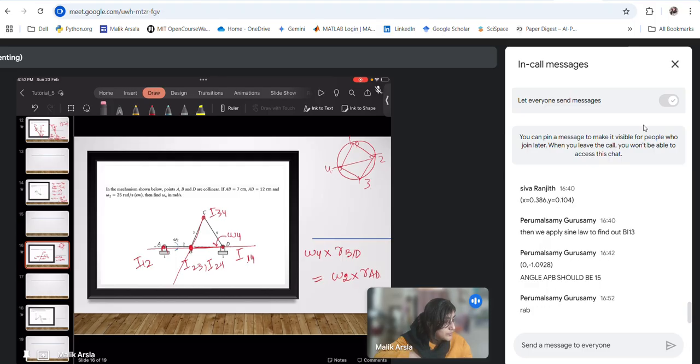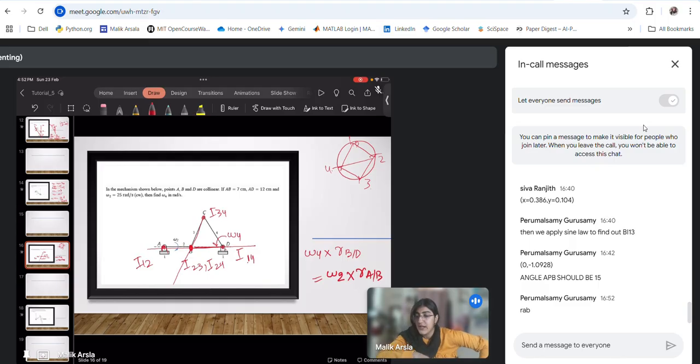If I am writing for point 2, I can say it should be omega 4, the omega of link 4, cross rbd, the distance between them. Then for here it should be omega 2 crossed with this distance, the distance between point A and B. So it will be rab, right?